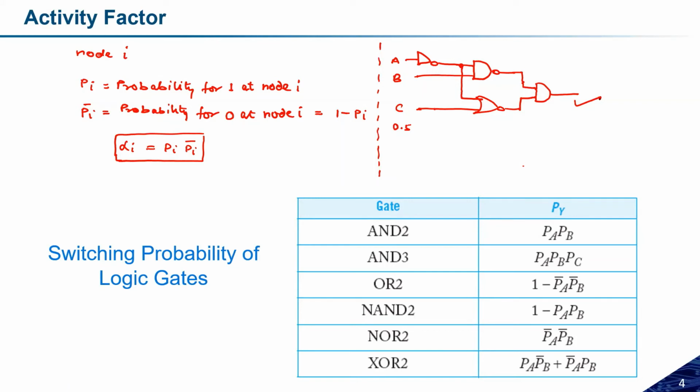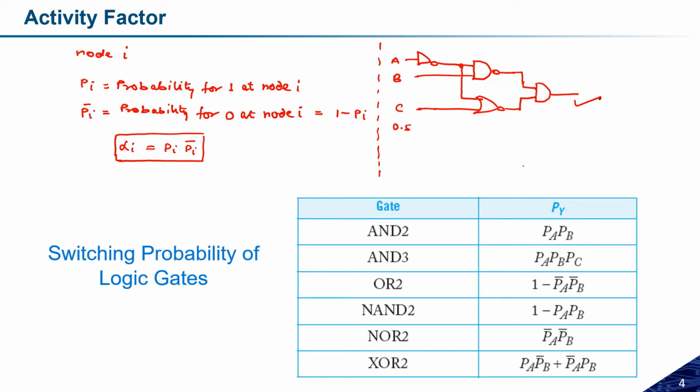This is really very important, because the switching probability of the output decides the power dissipation, or how we can decide the dynamic power dissipation. We need a properly optimized circuit, because any logic can be implemented in different ways, and with a different implementation the output switching probability might be different.